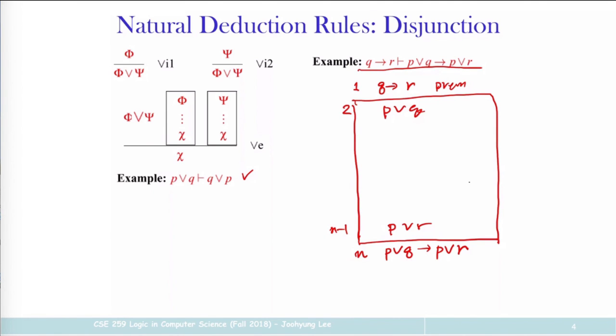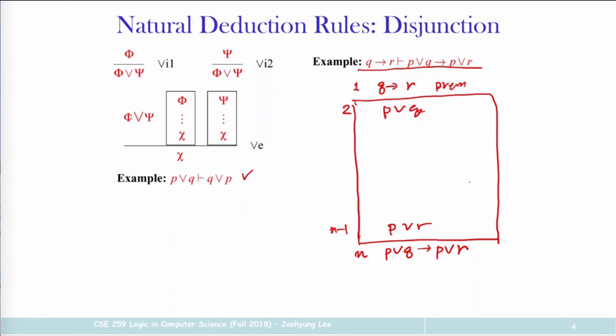Now the difficult part here is how do we go from lines 1 and 2 to line n minus 1? This is the challenging part. Let me just jump ahead and give you the structure.